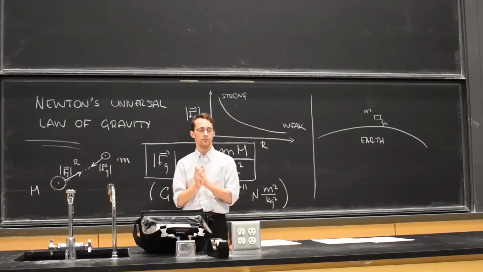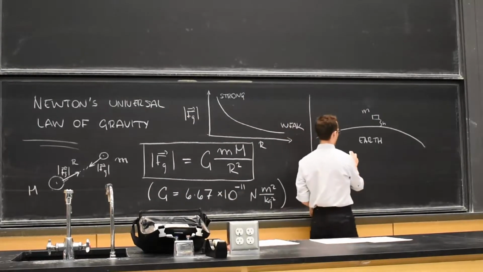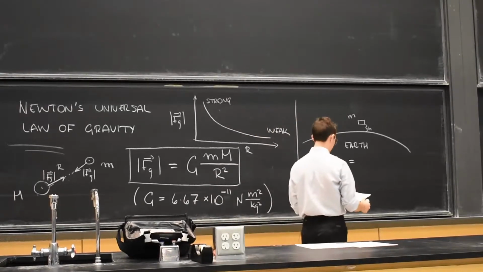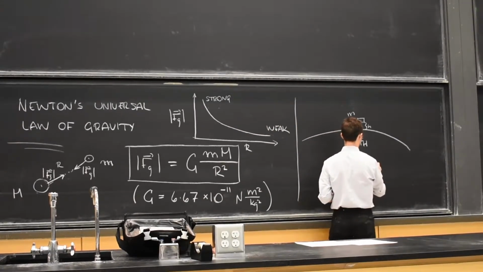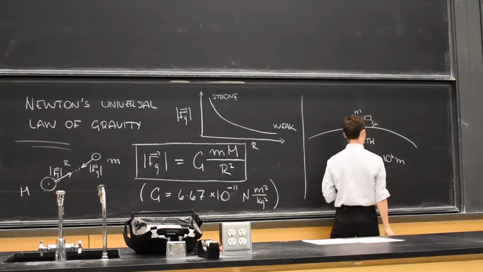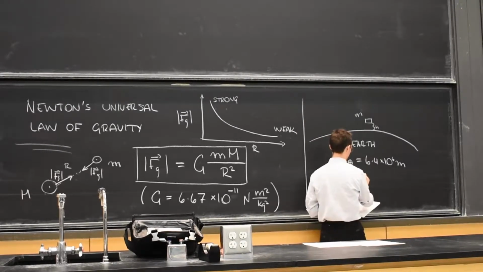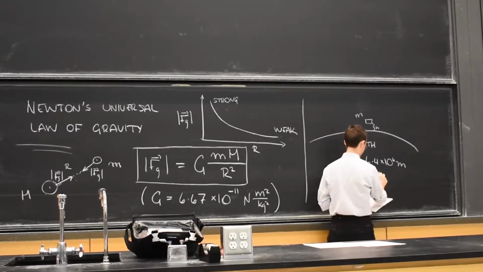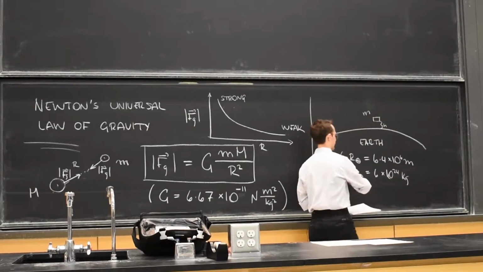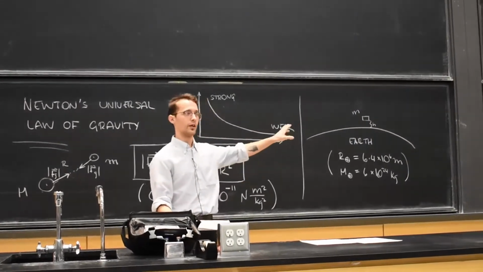The Earth has some radius. The radius of Earth is about 6.4 times 10 to the 6 meters. And the mass of the Earth is 6 times 10 to the 24 kilograms. And for this argument, we don't really care about the mass of the small object.